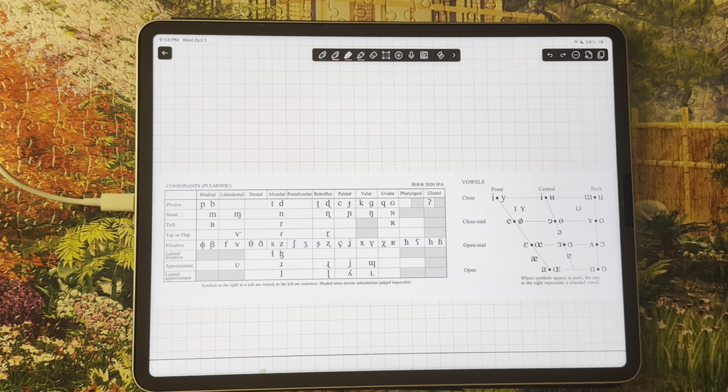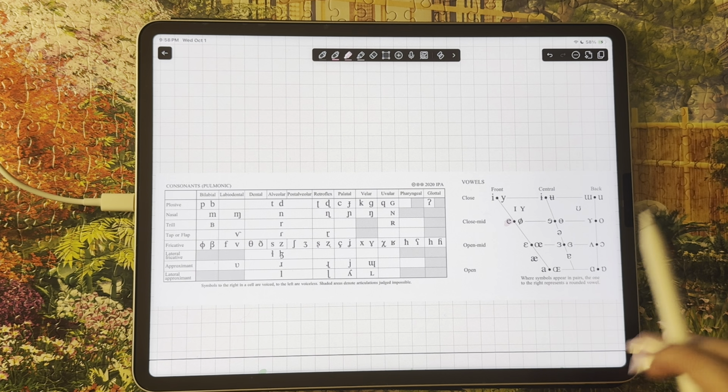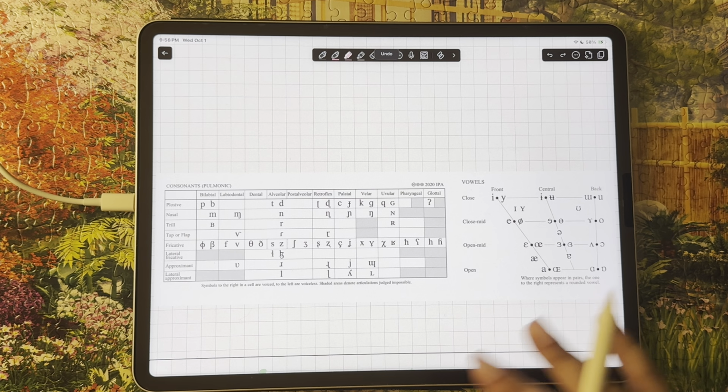So the next one is almost like the letter A, but just in one sound.